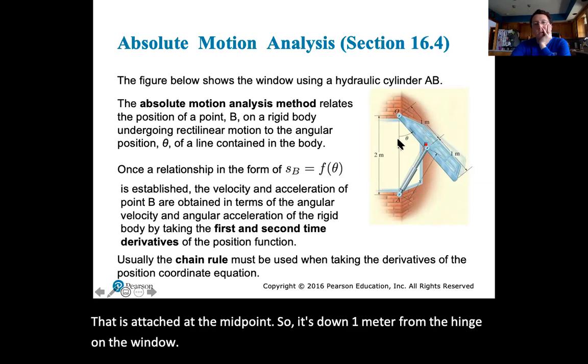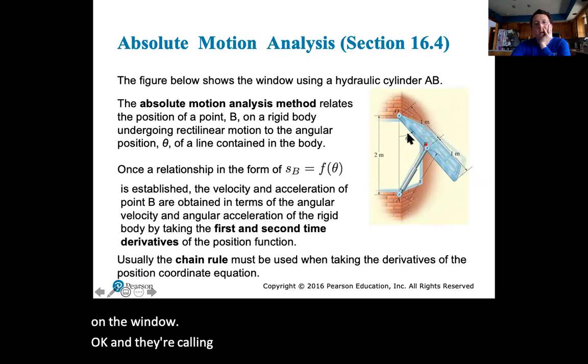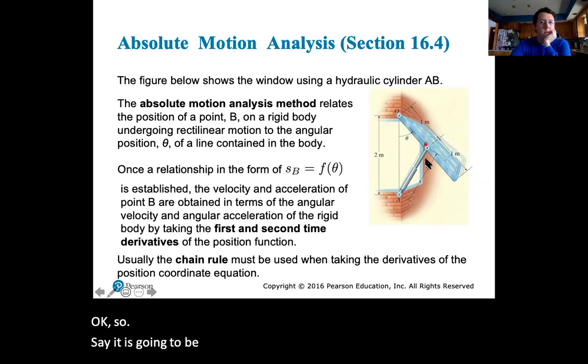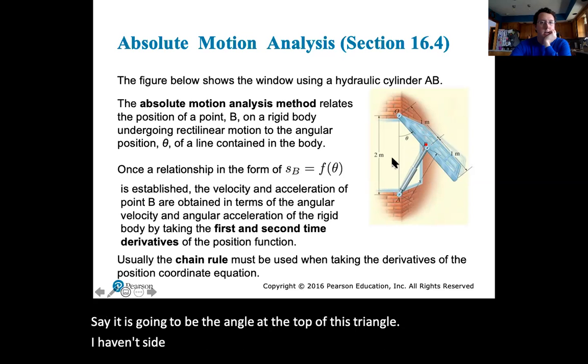And they're calling this angle at the top theta, and they're calling the length of the piston S. So theta is going to be the angle at the top of this triangle. I have side length 1 here, and I have side 2 meters there.